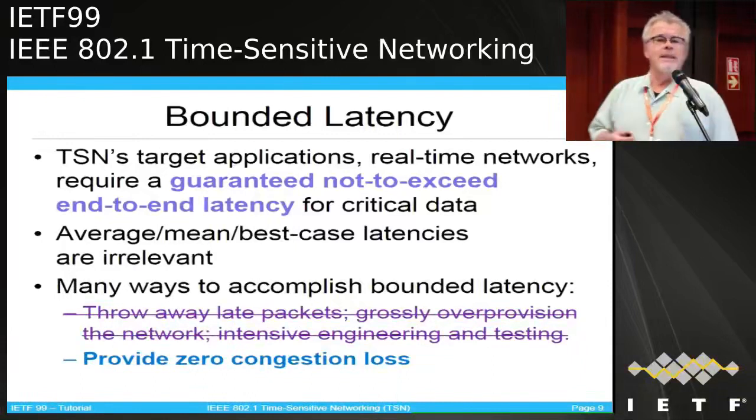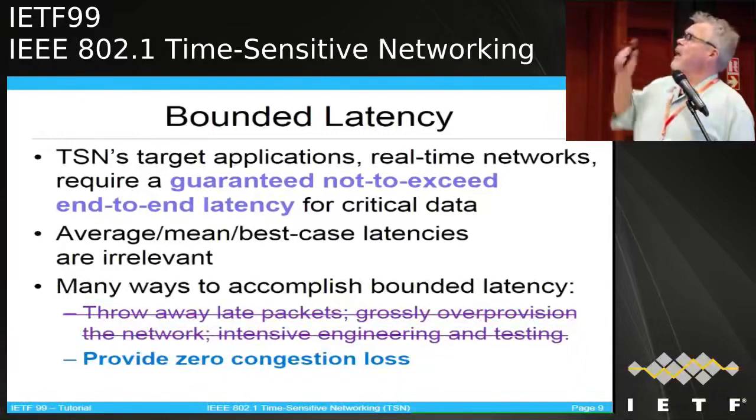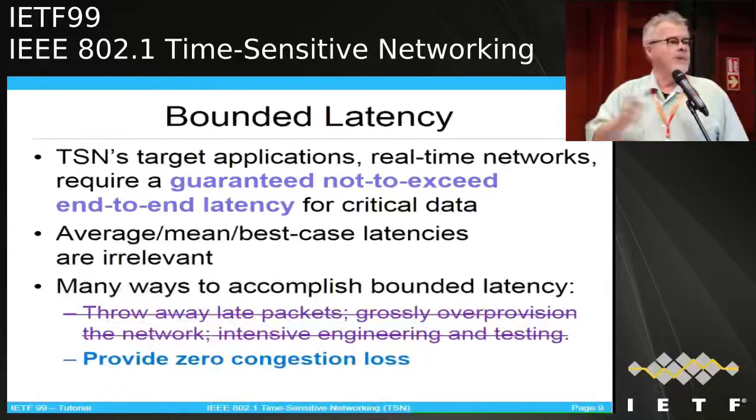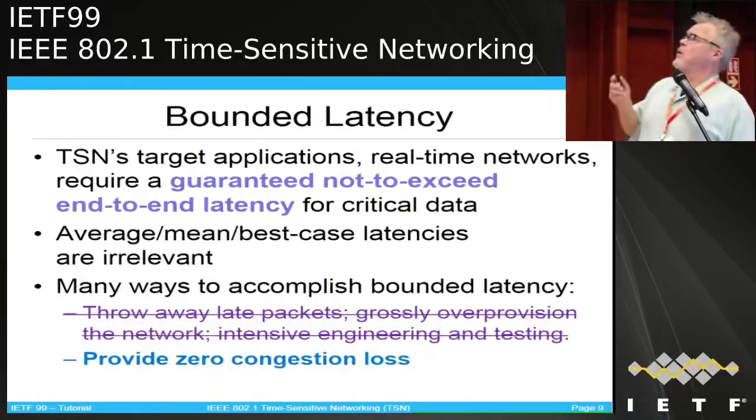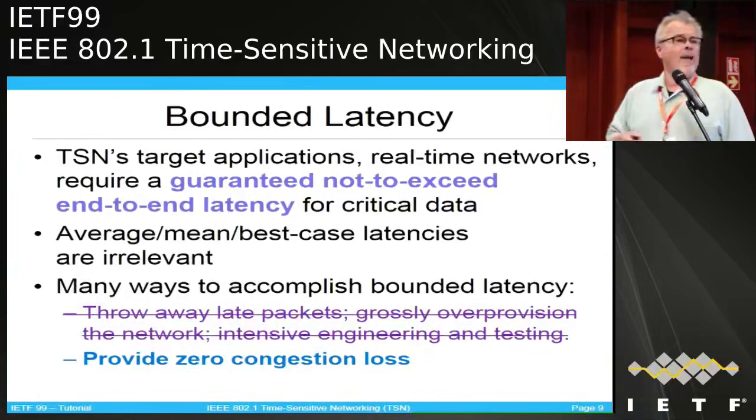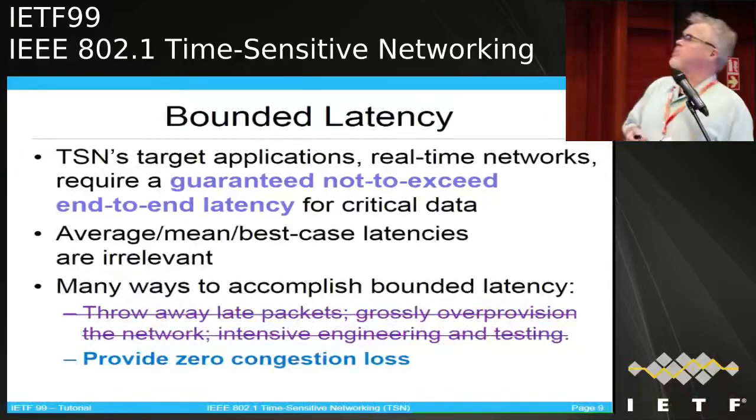So all that matters is that you get there soon enough. Average, mean, best case latencies are completely irrelevant. So that's not what we commonly think of as optimizing, because I'm not optimizing, for example, buffer occupancy.